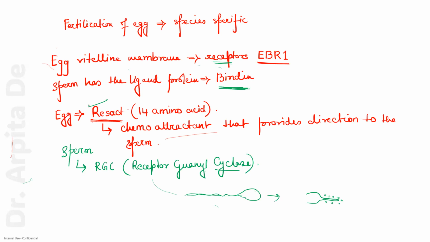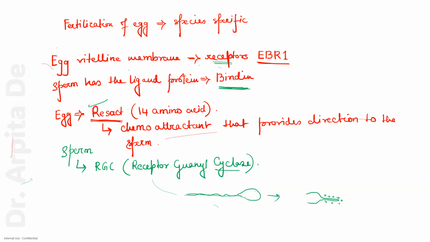Clear? So what did we learn here? The two most important things. One receptor from egg and its corresponding ligand in the sperm, that is EBR1 and bindin. Next is one protein from egg, that is resact, which is a chemoattractant and gives direction to the sperm, and its corresponding receptor on the sperm, which is RGC, receptor guanyl cyclase.